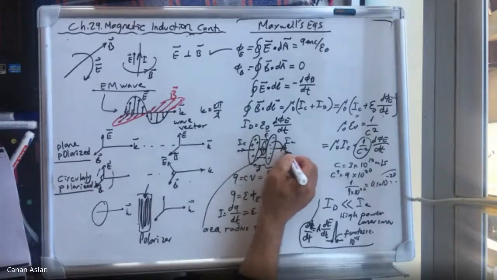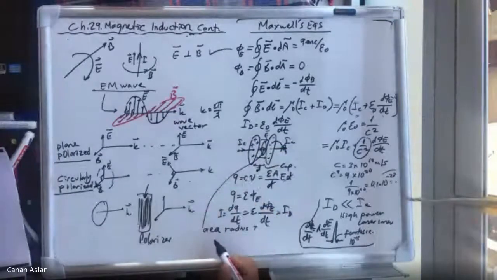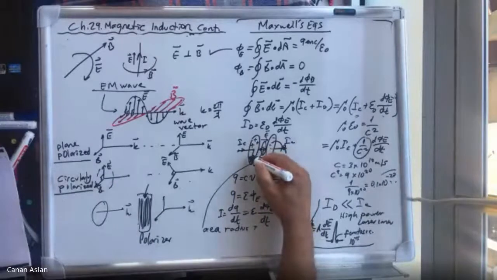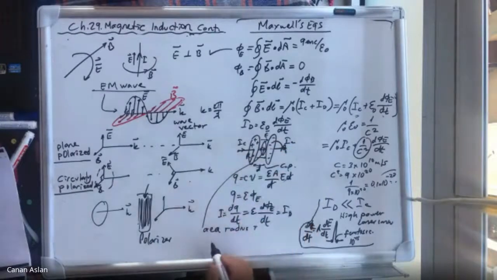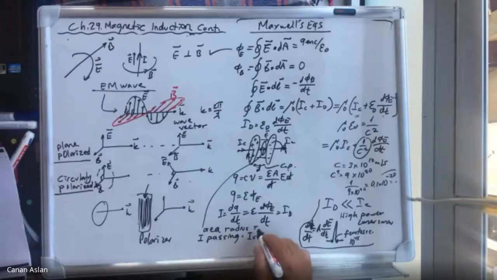The total area is A, with capital radius R, but the small area is pi r squared. So the current passing through it equals the conduction current times pi r squared divided by pi R squared. This is just a fraction, and the pi's cancel.